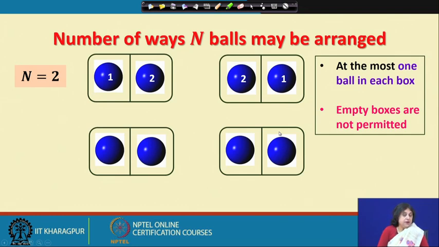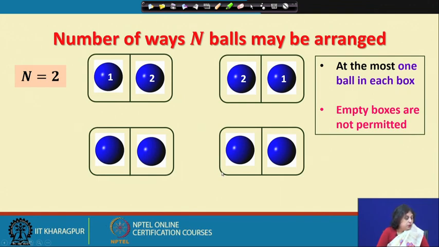And if I now remove the identifying number on the balls, now what do I see? Under the same rule of the game, that I can put one ball in each of these compartments and no empty compartment is permitted, I see that these two states now go over to these two states.